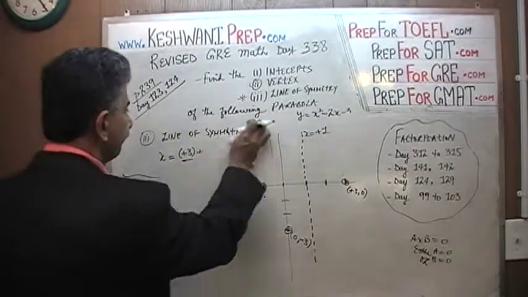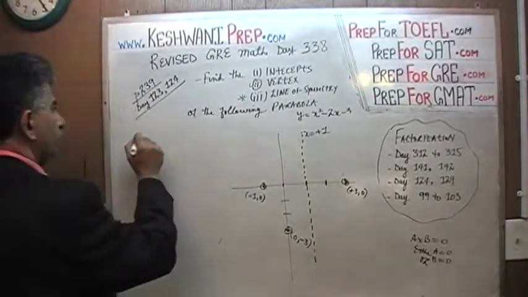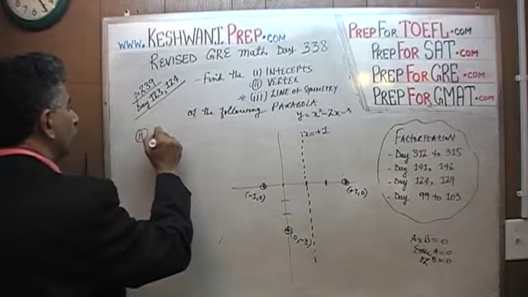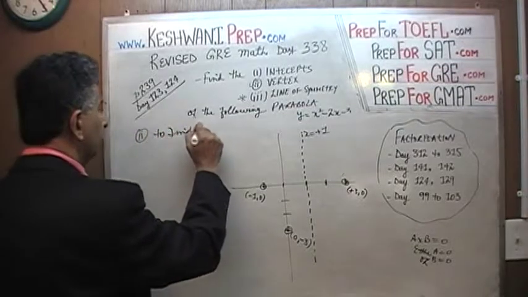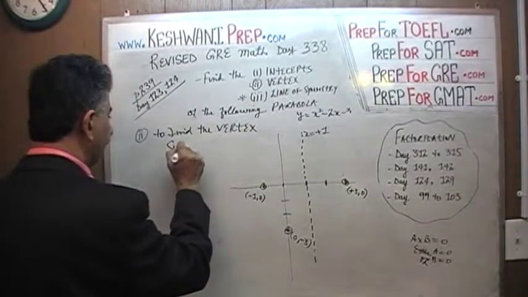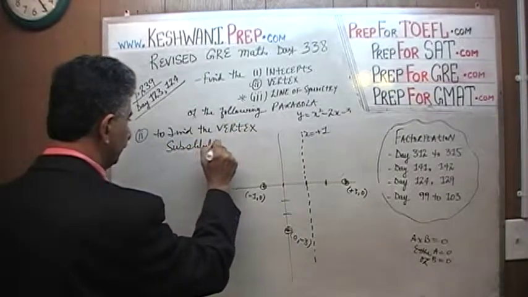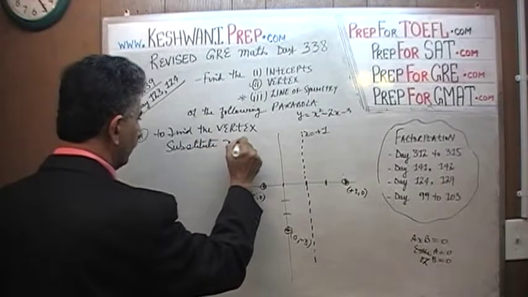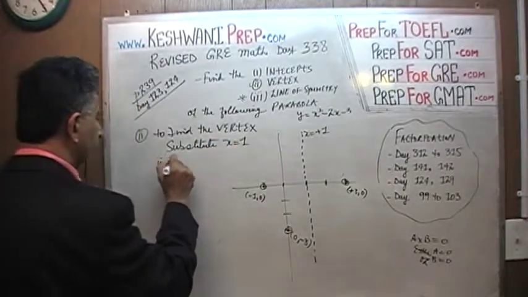Let's do it up here. To find the y-coordinate of the vertex, substitute x equal to 1 in the equation.